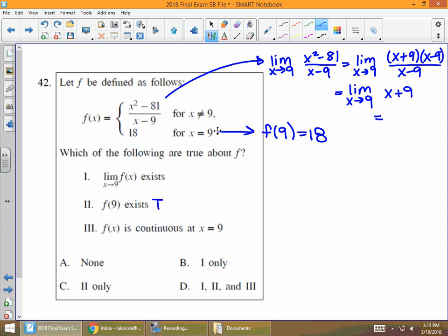When I plug in 9 there, my limit is 18. So the trend of this guy is 18, the limit is 18, the actual value is 18. If the limit and the actual value both match, then your function is continuous at that x value.